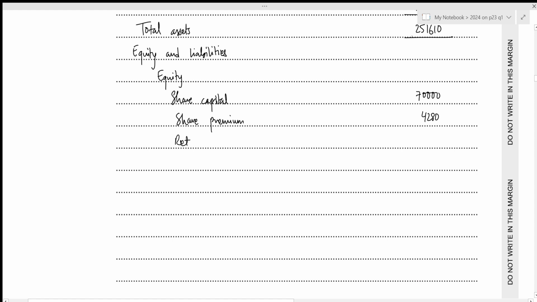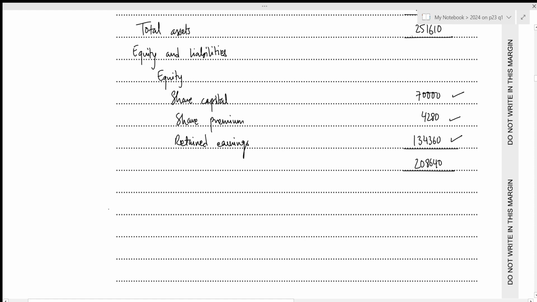Then we have our retained earnings, which was 134,360. Now we need the total for our equity. That will be 70,000 plus 4,280 plus 134,360, which results in 208,640.